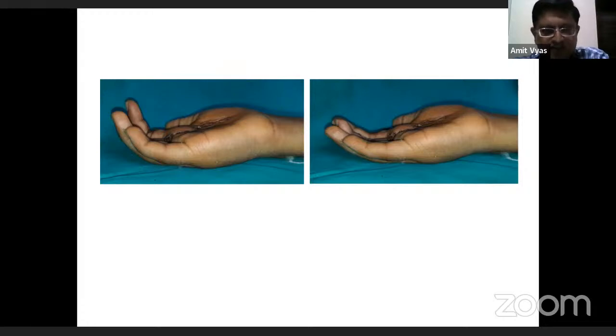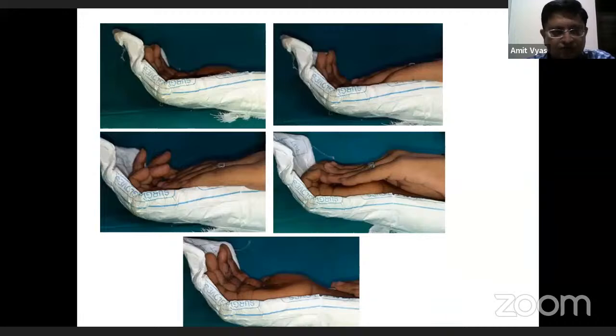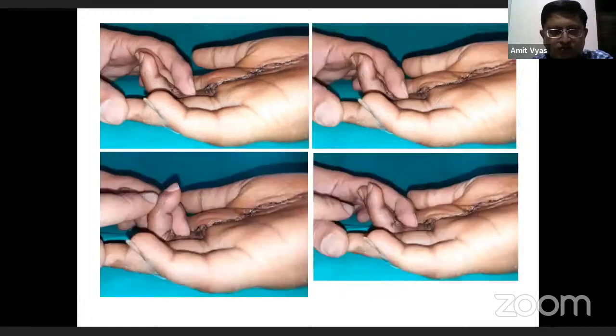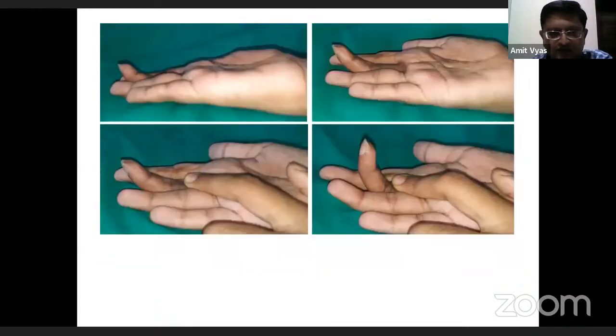So I started the mobilization, initially passive, as I told, starting with the MP joint, PIP joint and DIP joint, and the active movements start from distal to proximal. Gradually her excursion improved, and you can see this much excursion she got at the PIP joint level.